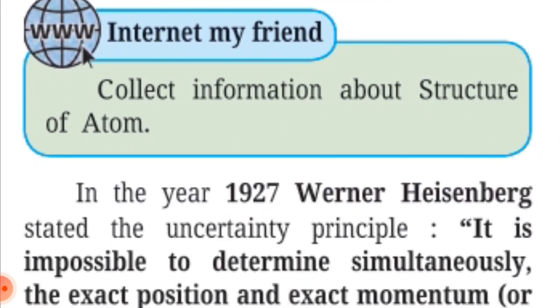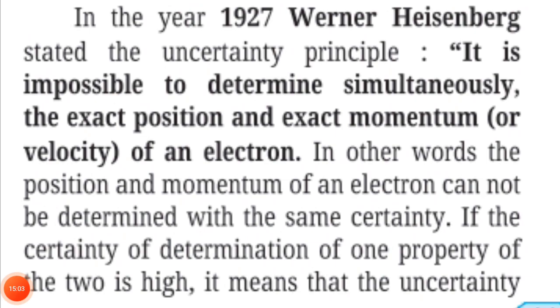Electron microscopes collect information about the structure of atoms. In the year 1927, Werner Heisenberg stated the uncertainty principle. It is impossible to determine simultaneously the exact position and exact momentum or velocity of an electron.